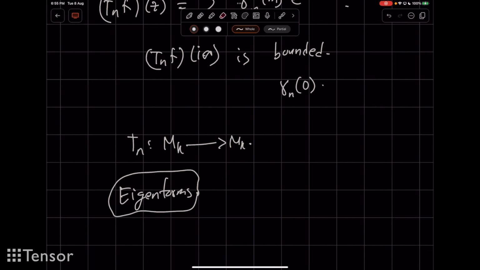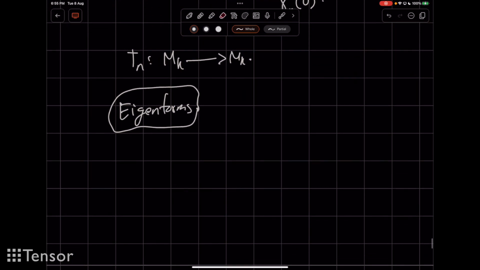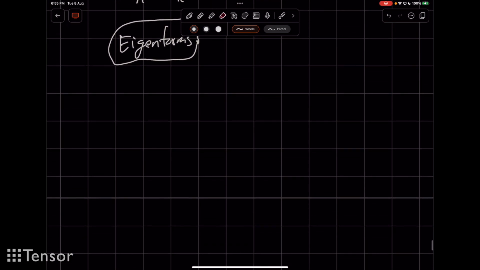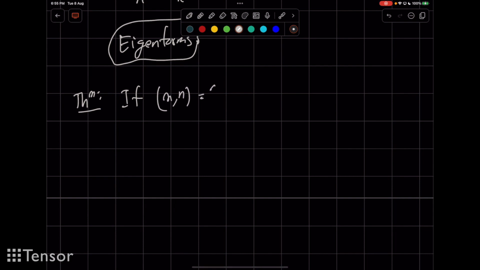Okay. So lastly, I can show a really cool theorem, then we can call it a day. That cool theorem is that if m and n are co-prime, then T_m followed by T_n is equal to T_mn.